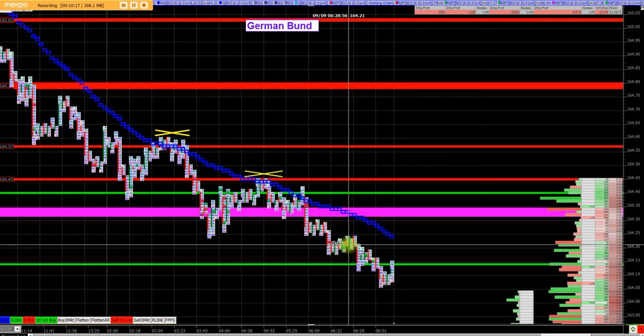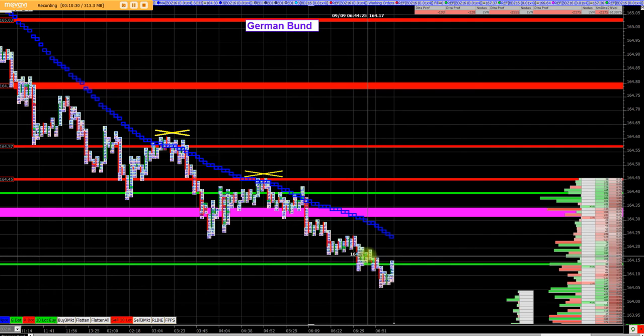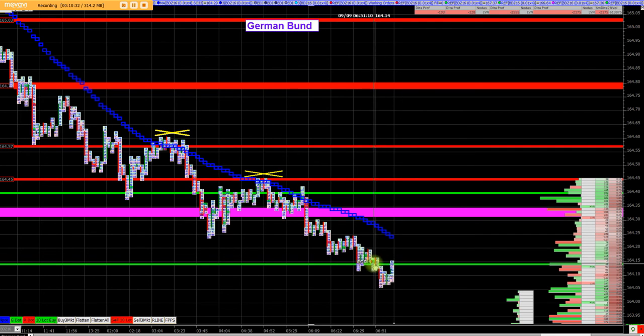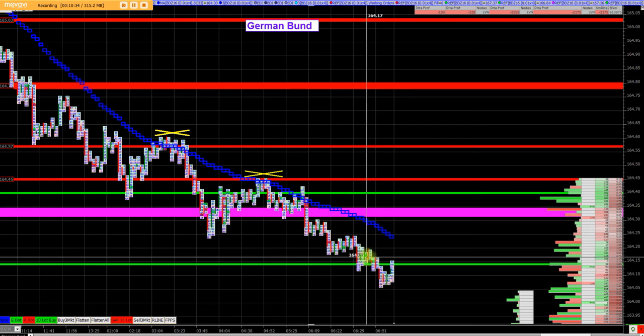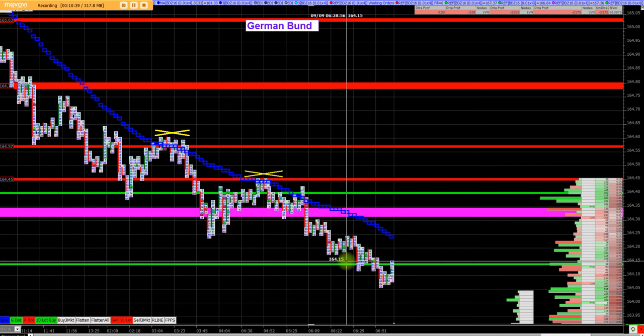So we continue to move lower, and we come back down here to where all these longs were put on. Once again, you think it's coincidental that we chop around through here? Not at all. There's a little fight, and you can actually see the bulls thought that they were starting to win here a little bit with these green filter numbers, right? A lot of buying there, a lot of buying there.